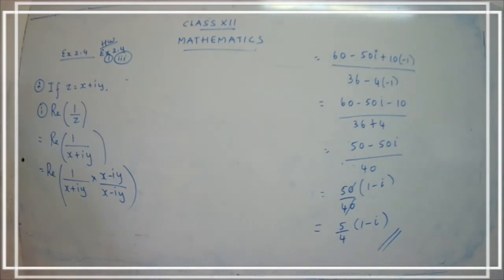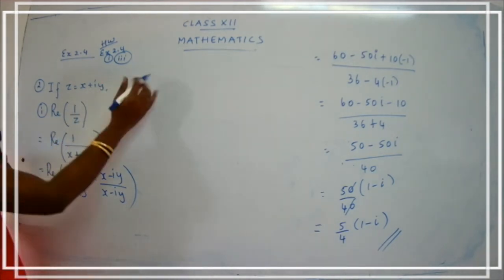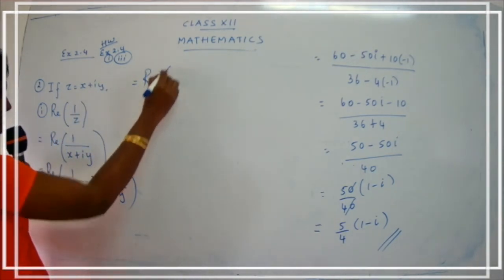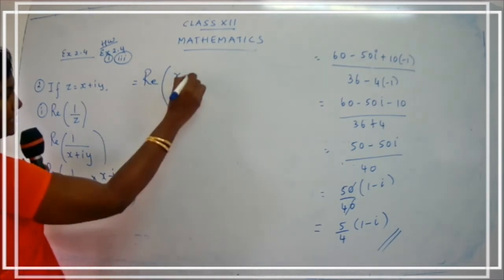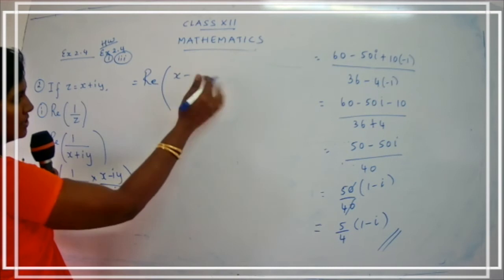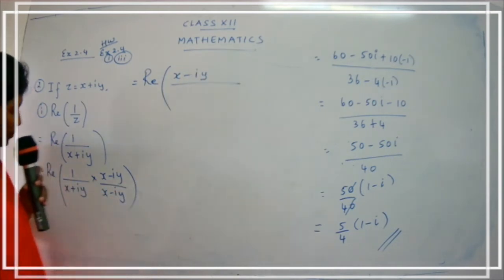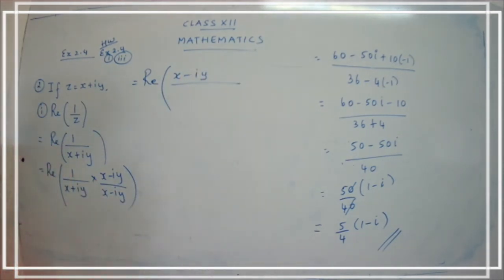Let's see the further steps. So this is equal to real part, 1 into x minus iy is going to be x minus iy. There are no changes over here as usual. Now coming to the denominator part, I have told you do not go for the usual multiplication. Try to use the identity so that it will be easier for us.